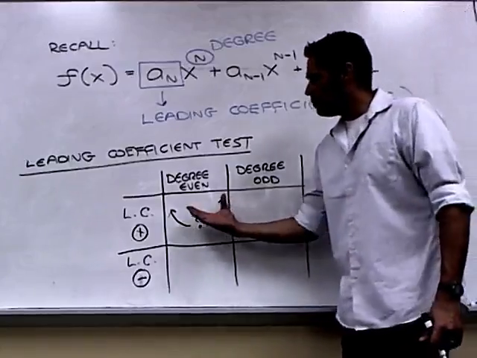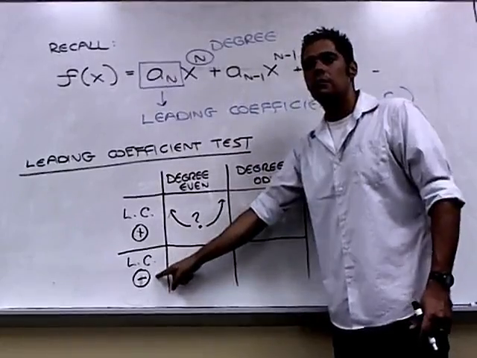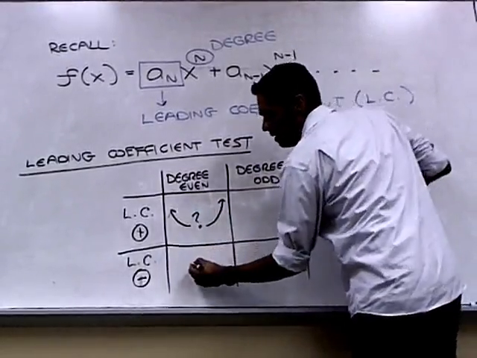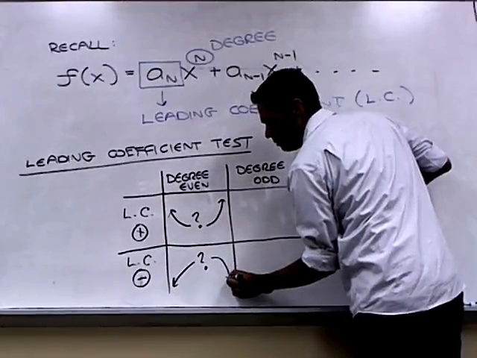What do you think happens if my degree is even, but I change the number in front to a negative? It's going to take that picture and flip it down, so it'll go down on the left, in the middle I don't know, and down on the right.